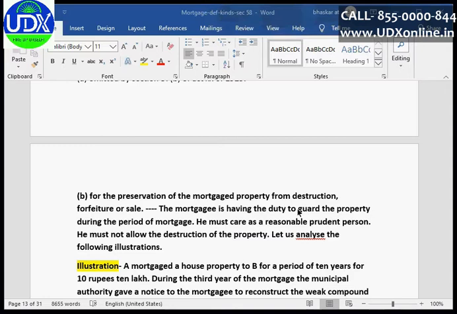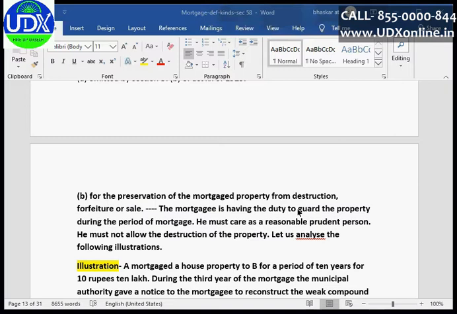The mortgagee may be ordered by a governmental authority to take certain actions or certain steps with regard to the property. Then the mortgagee has to bring the matter to the knowledge of the mortgager.